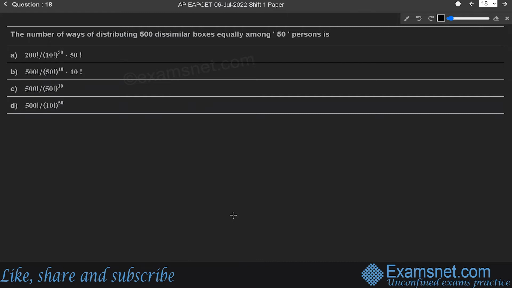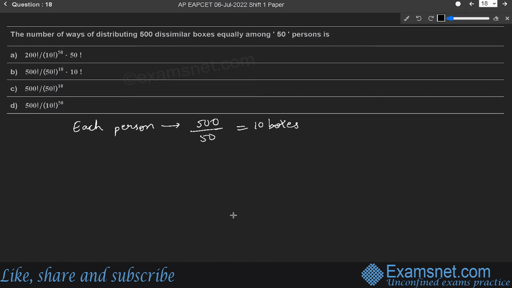The number of ways of distributing 500 dissimilar boxes equally among 50 persons is. It is given that 500 boxes are equally distributed among 50 persons. So each person will get 500 upon 50, which is 10 boxes.